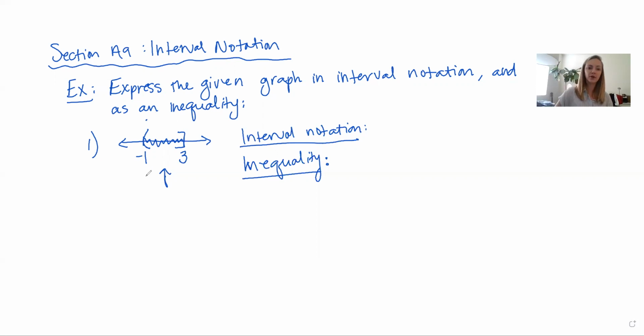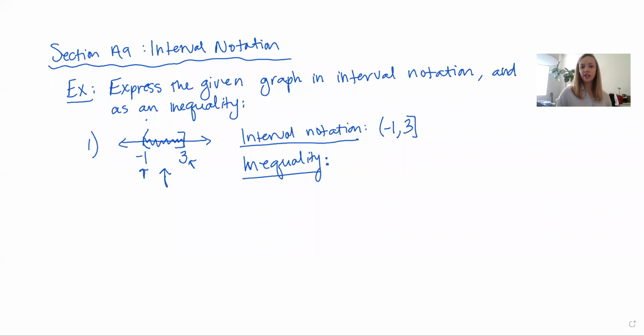And we have a parenthesis at -1. So we're going to do the exact same thing for our interval notation. We're going to start at -1 with a parenthesis, comma, the furthest right that we go is 3 with a bracket. So again, follow directly along from the graph that we're given.